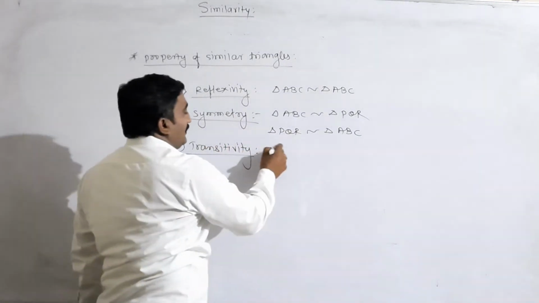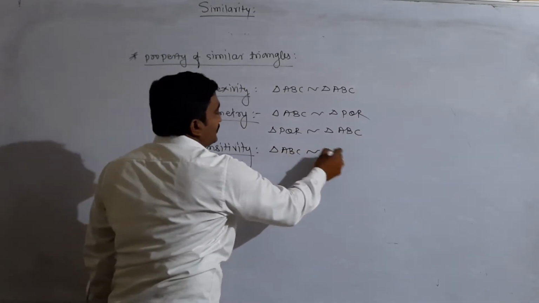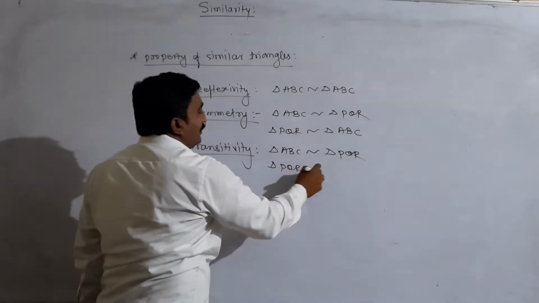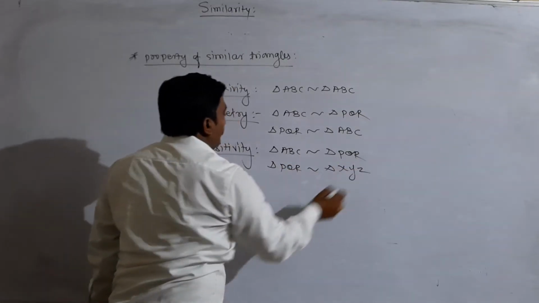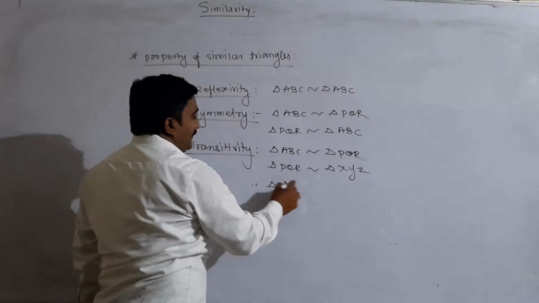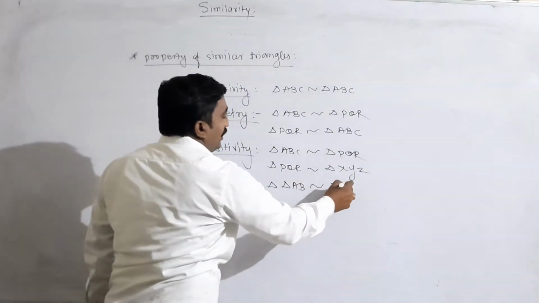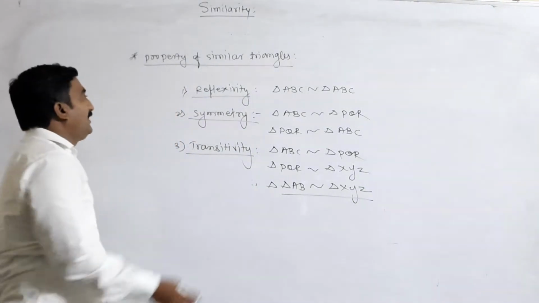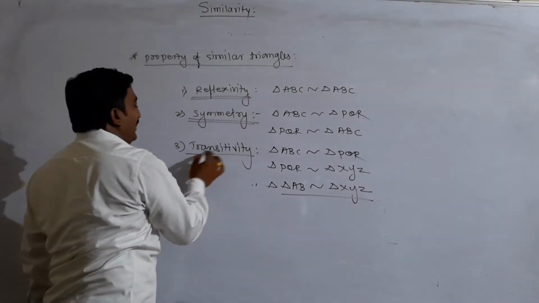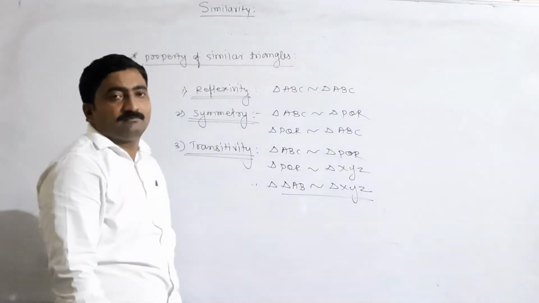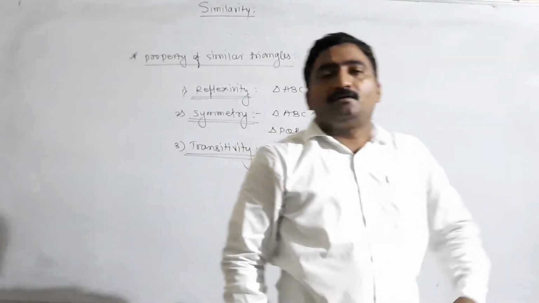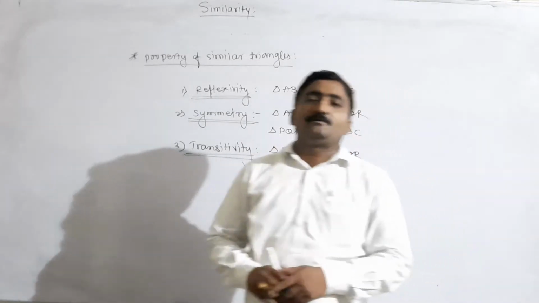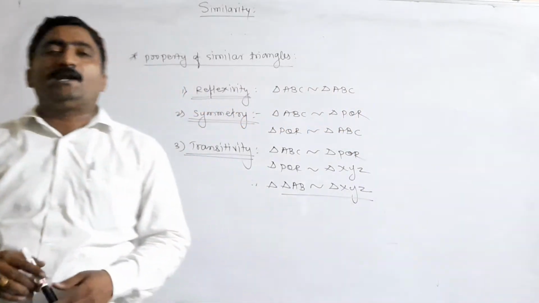Transitivity means if the first triangle is similar to the second and the second triangle is similar to the third, then the first triangle is similar to the third. First is reflexivity, then symmetry, and then transitivity. So this is the theory about similar triangles, tests of similarity of triangles, and properties of similar triangles.